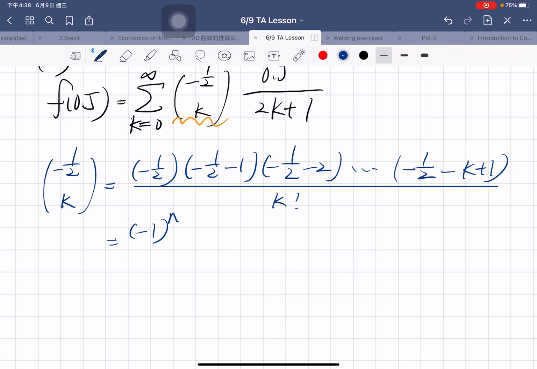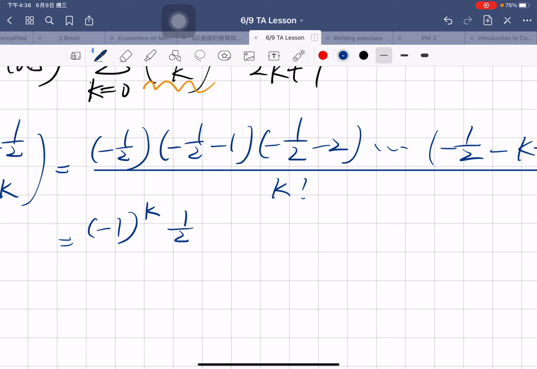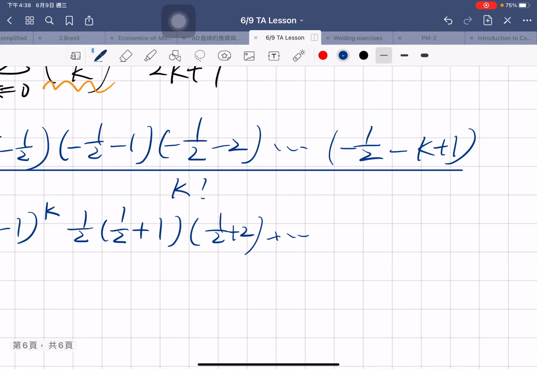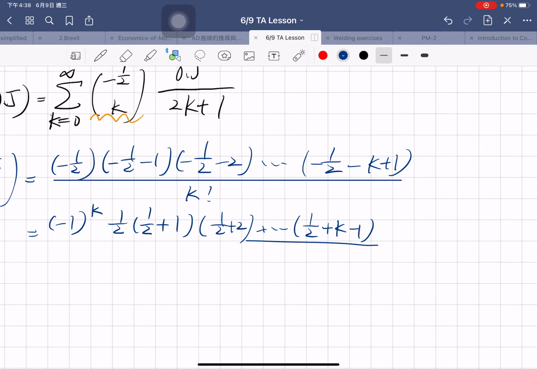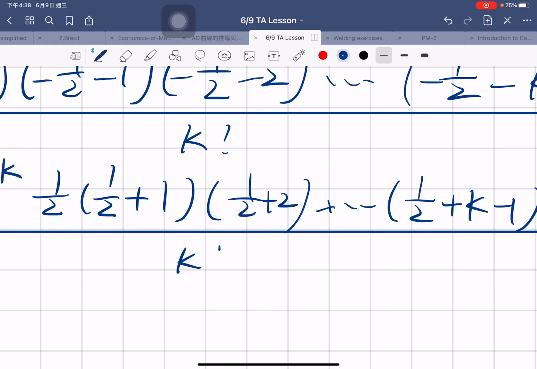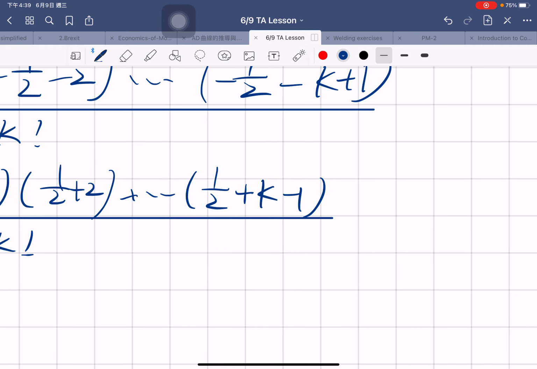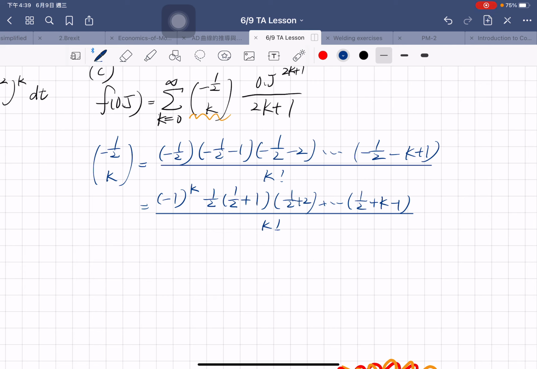So our minus 1 with k power out, and we get 1 over 2 times 1 over 2 plus 1 times 1 over 2 plus 2, and all the way to 1 over 2 plus k minus 1, subtract by k factorial. Okay, so this will be our binomial term.